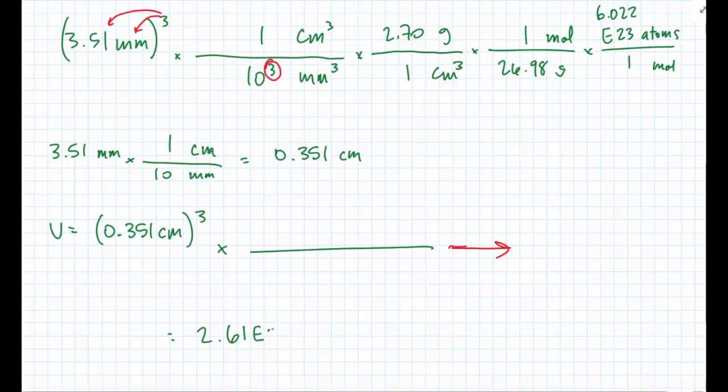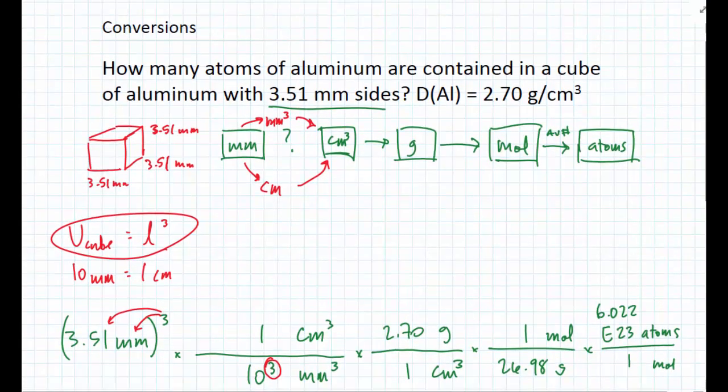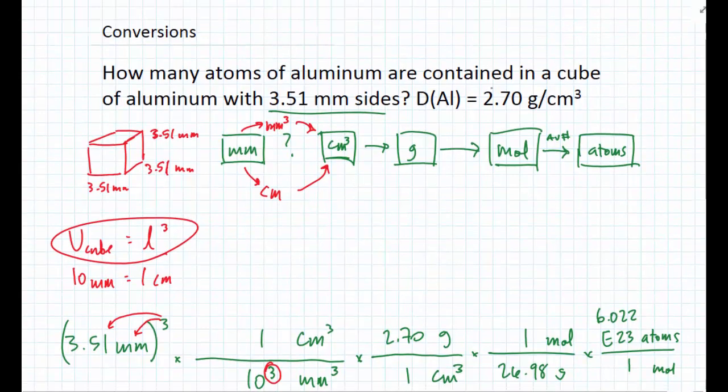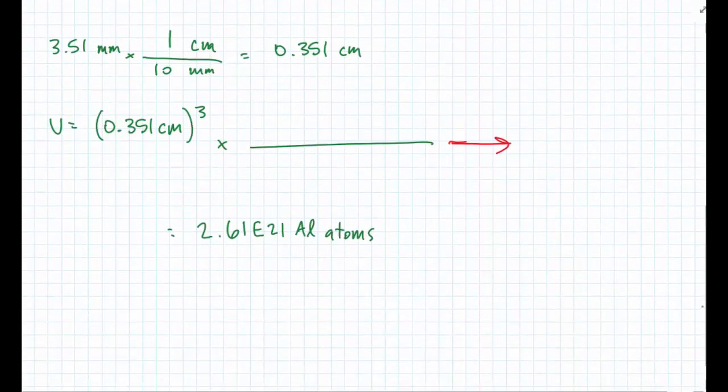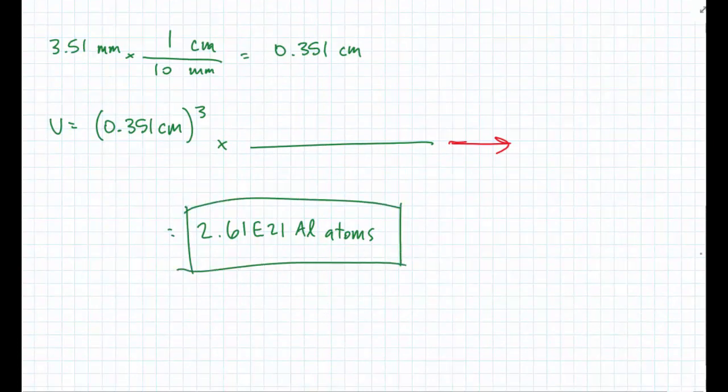Yeah, I got 10 to the 21. Where would the 2 come from? Oh, yep. 2.70 is 3 significant figures. Yep. When a decimal point is shown, trailing zeros are significant. Okay. All right. So that's what I got, at least.